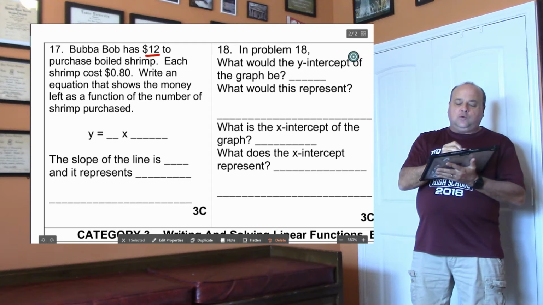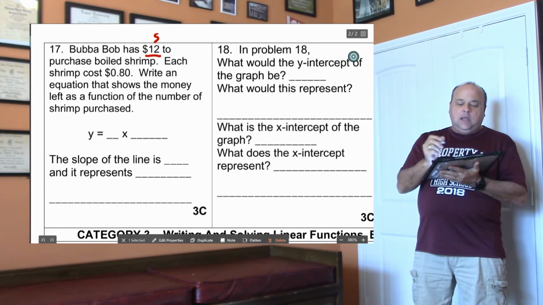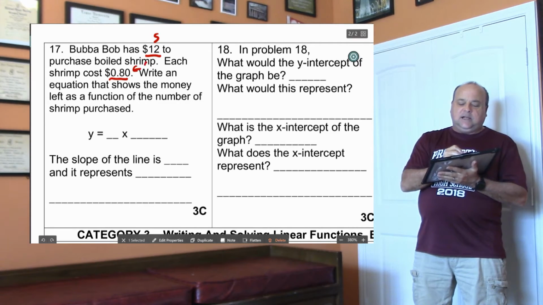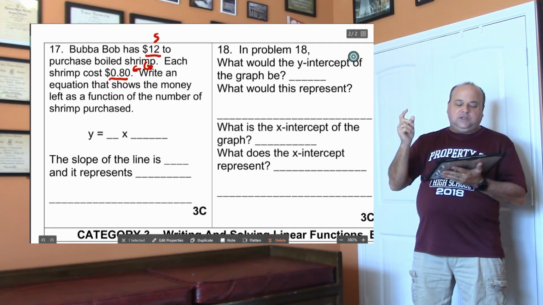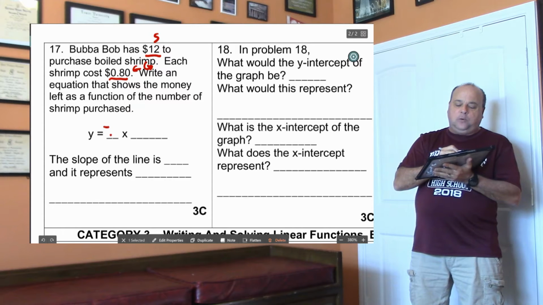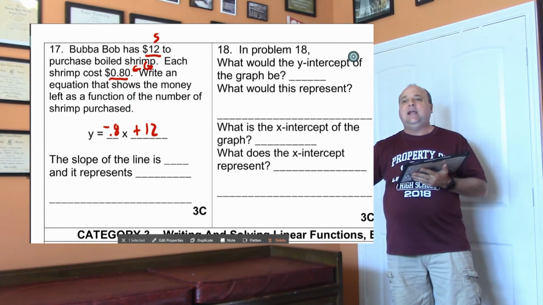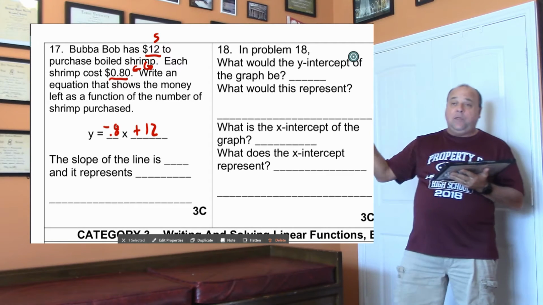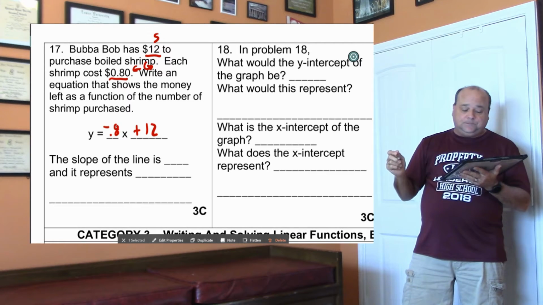So Bubba Bob has $12. That's our starting number. Each shrimp costs 80 cents. That's our growing number. Write the equation that shows the money left. So he's spending his money. So negative 0.8x plus 12. So every time he spends 80 cents, he's losing money, right? Every shrimp costs 80 cents.